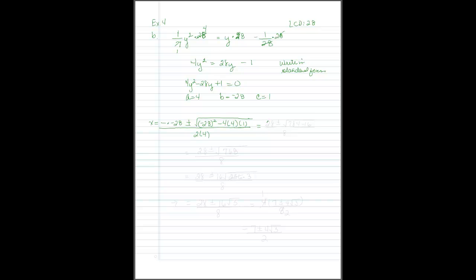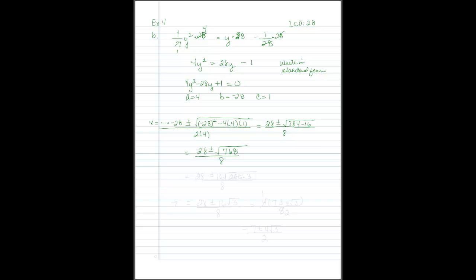That would give us 28 plus or minus the square root of 28 squared, that's 784, minus 16, all over 8. And then we have 28 plus or minus the square root of 784 minus 16, that's 768, all over 8.